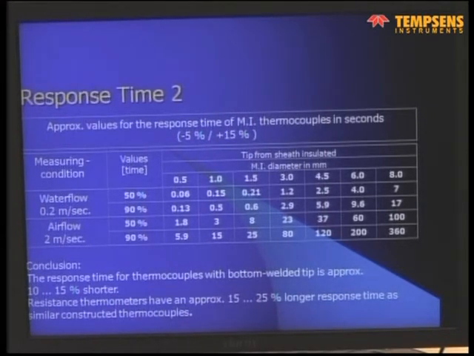And when you look at a 6 millimeter thermocouple, 200 seconds, plus your protection tube. And when you have a standardized protection tube in a power station, you may consider that your response time is somewhere between 8 and 10 minutes for temperature changes. Yes?